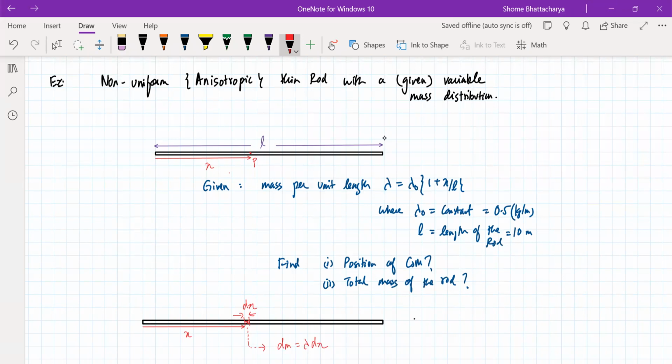Okay, so dx is a differential length element, and its mass is therefore dm. So now to locate the position of the center of mass, we will just execute that integration.